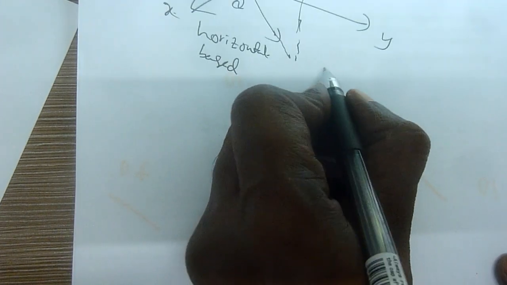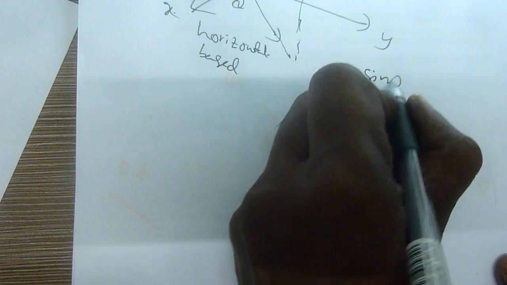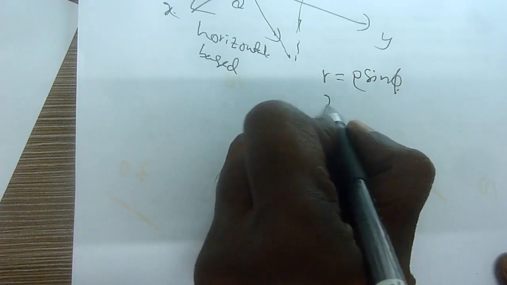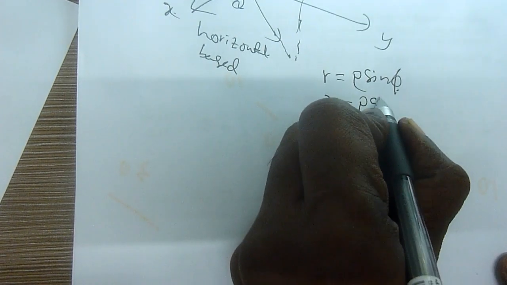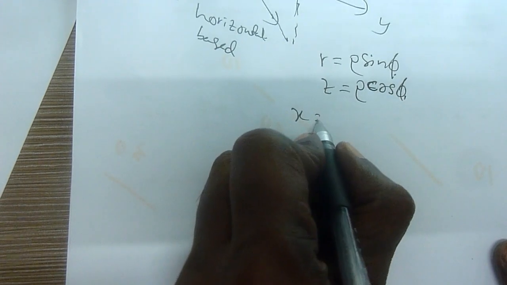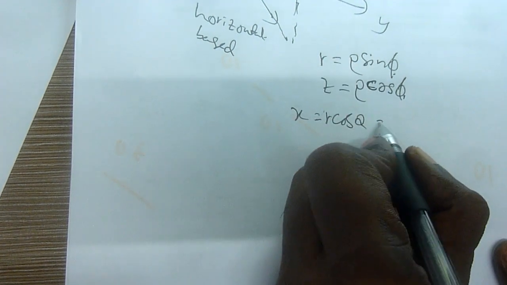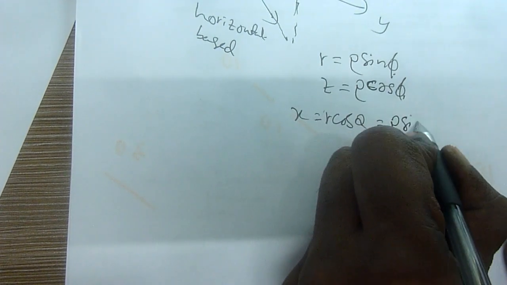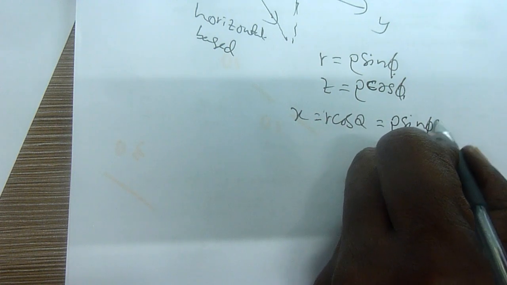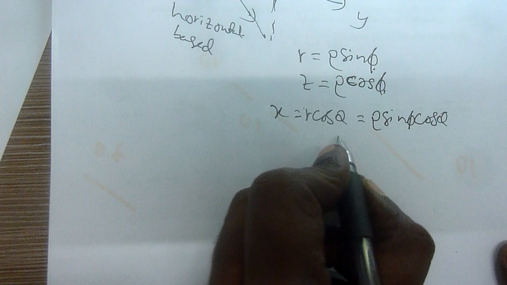Now the properties of this: r is rho sine phi. Z is rho cos phi. x is r cos theta, so you just use rho sine phi cos theta. Phi is different, huh?